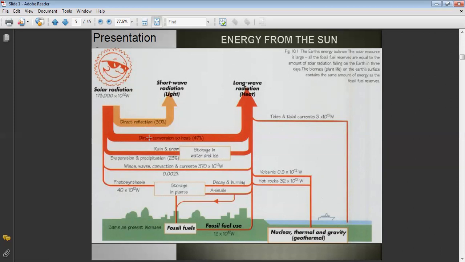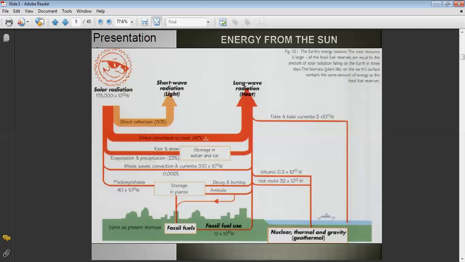Then the conversion to heat is almost 47%, which goes back. The remainder, which we are going to get, is comparatively very little. Rain and snow also account for some of it, like 23%, 47%, 30%. Wind and waves, convection and currents use almost 0.002%. Photosynthesis uses some amount of it, and finally we get some of it.